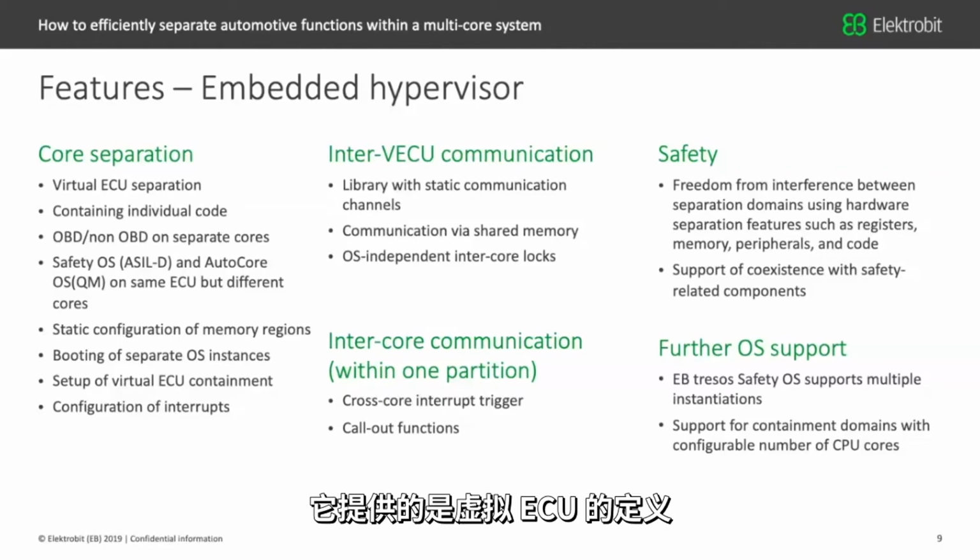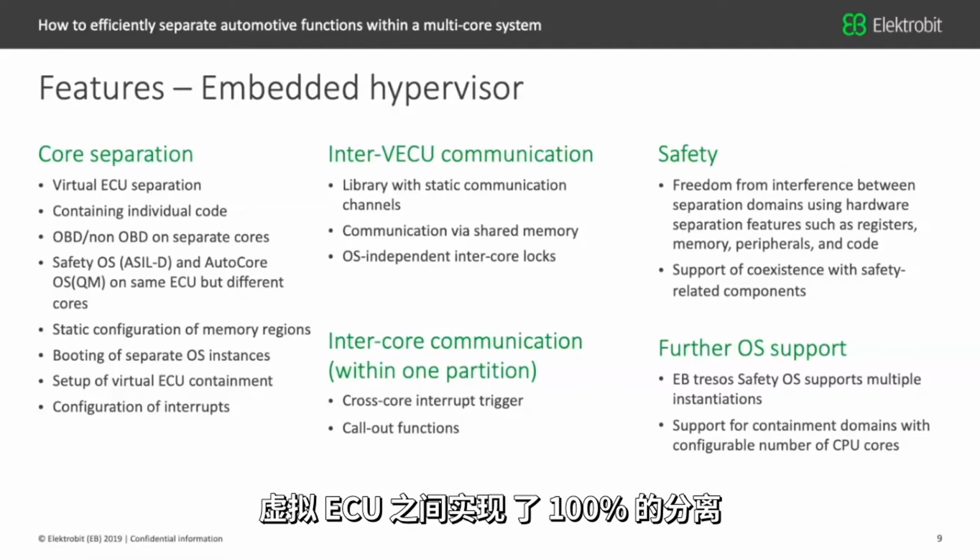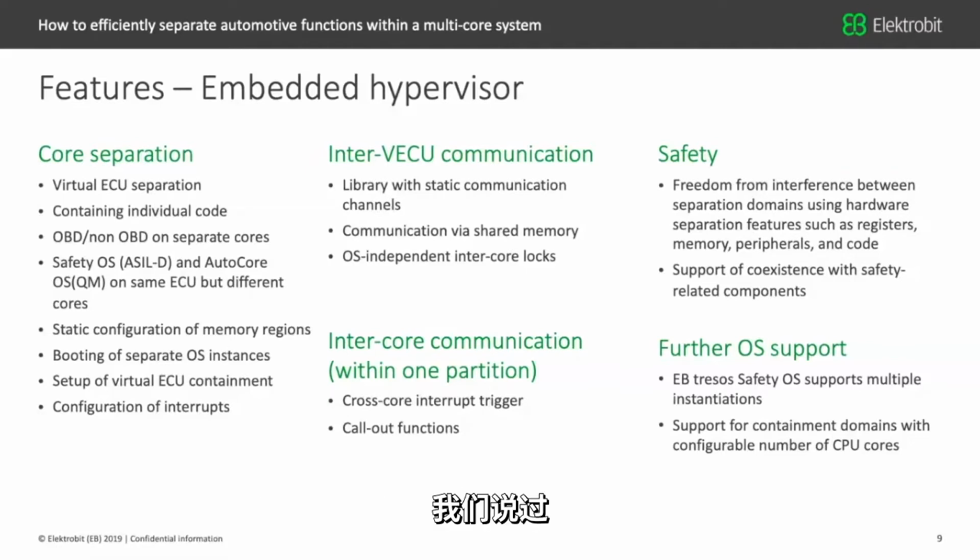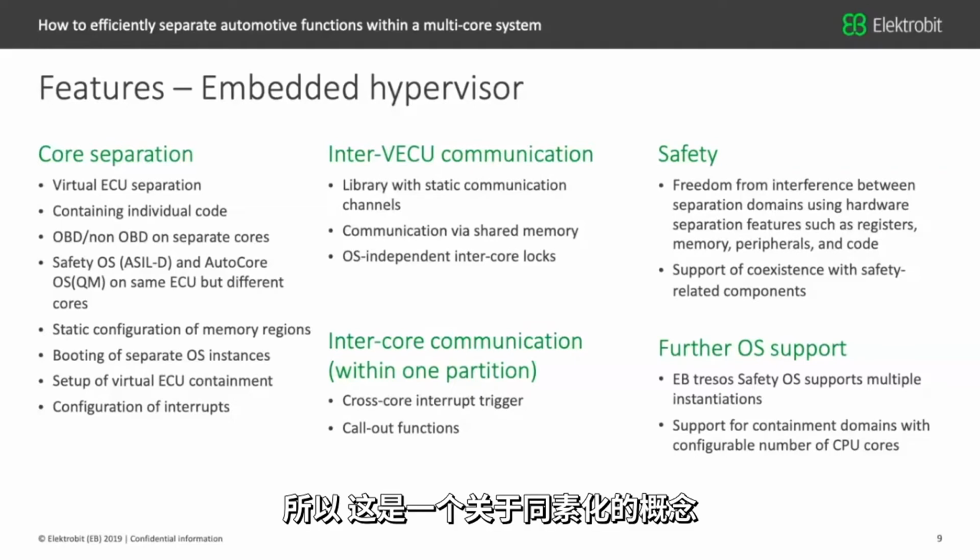What it offers is the definition for the virtual ECUs, so the partitioning: which core and which resources are assigned to which virtual ECU. Then it contains individual code, meaning the binary is 100% separated between the different virtual ECUs. It offers, as we talked about, the separation of OBD and non-OBD functionalities within virtual ECUs. This is a concept for homologation.